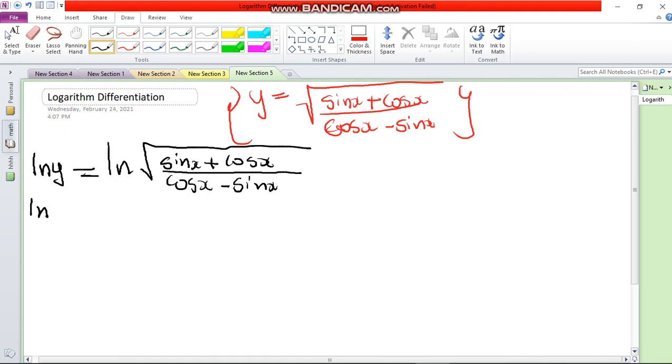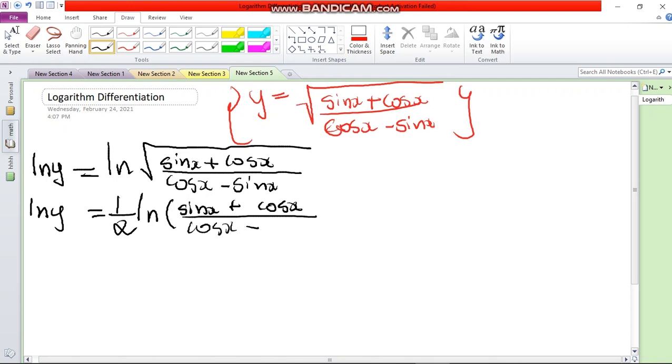On the left hand side there's no further simplification, but here I can write this square root as 1 over 2, which can be written as 1 over 2 the ln of sine x plus cos x divided by cos x minus sine x.